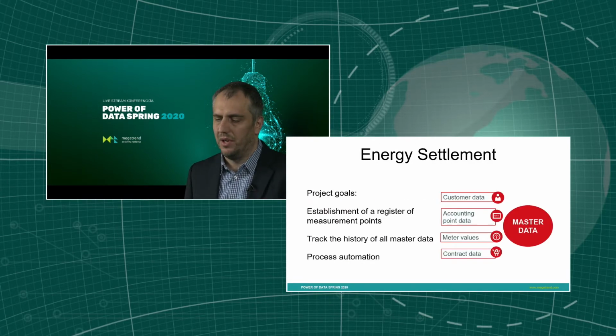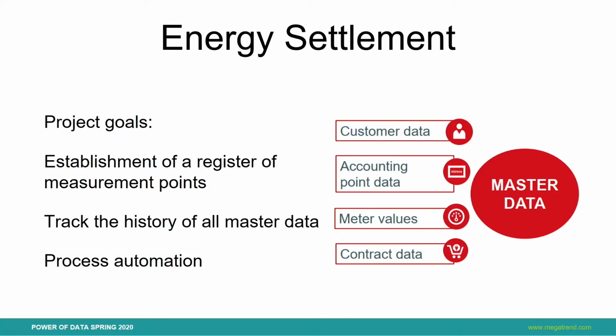The energy settlement system, or new application called e-obračun, is a replacement for the old system that was used for billing. Besides their goal to maintain the old functionality that the old system had, the project goals for implementation of the new system also included the establishment of a register of measurement points, including customer data and metric data, and tracking the history of the master data.